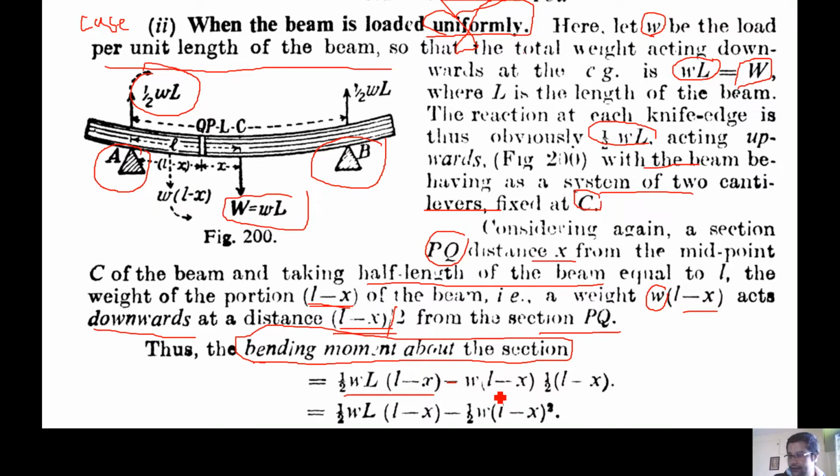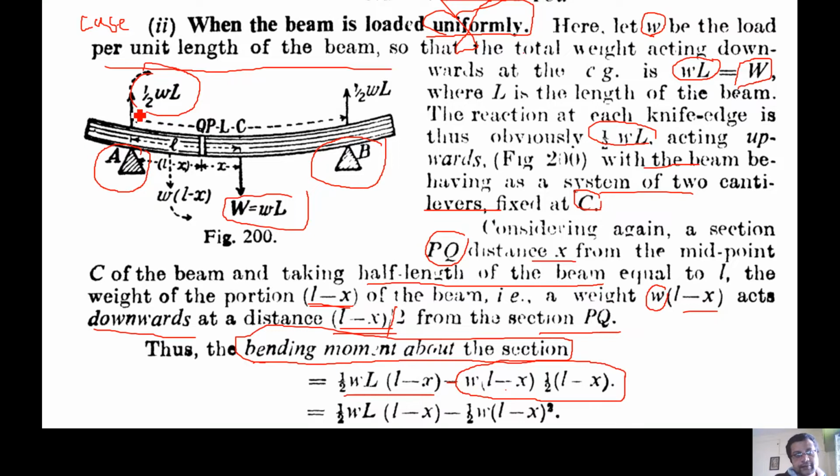So the resultant weight will be W, the weight acting downward on the average length, W into L minus X. That's the downward weight into the length it is acting on. That is force into a distance, a couple, that we need to subtract from the upward couple.